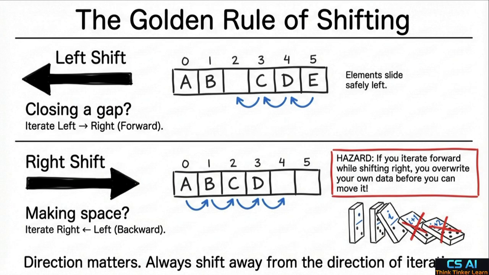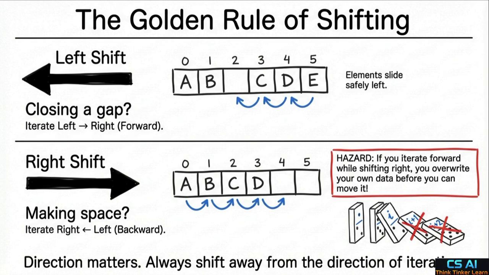Now let's talk about shifting, because this is where most bugs are born. Shifting has a golden rule. Direction matters. If you are left shifting to close a gap, you slide elements safely to the left. You iterate from left to right, which is in the forward direction. This works because the spot you are moving to is already garbage. But look at the right shift hazard.